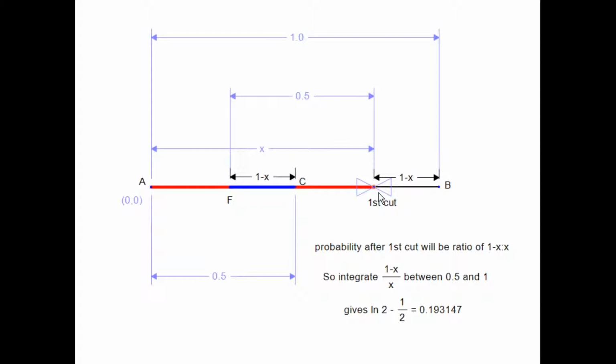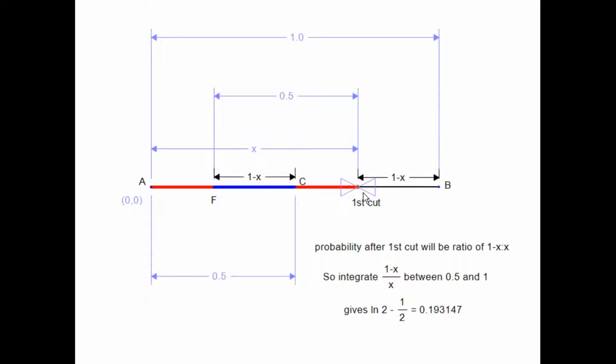So there are banned regions you cannot go. If we made the second cut past point C, you'd be more than halfway. So A to wherever you go, that distance would be greater than 0.5 and the condition doesn't work. So wherever your first cut is, to the halfway point is a banned zone, can't go in there.